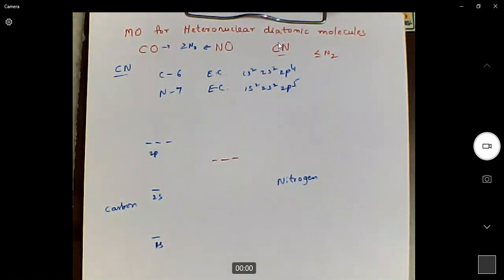But here we are discussing two different atoms, two different heteroatoms. So their orbital energies are different.